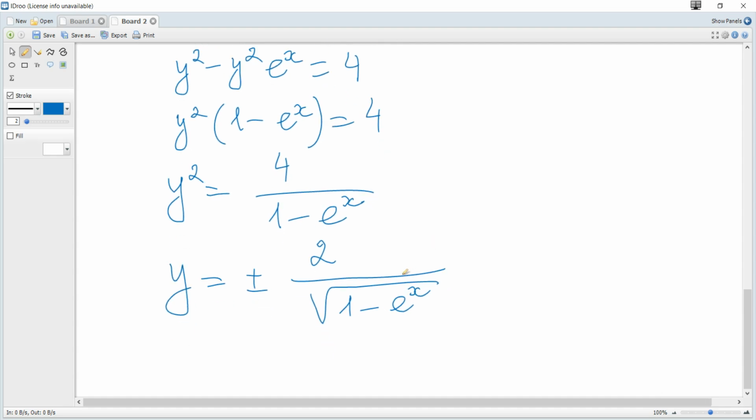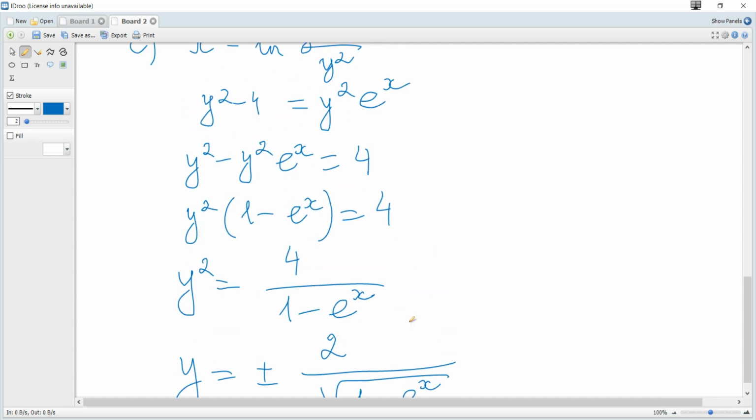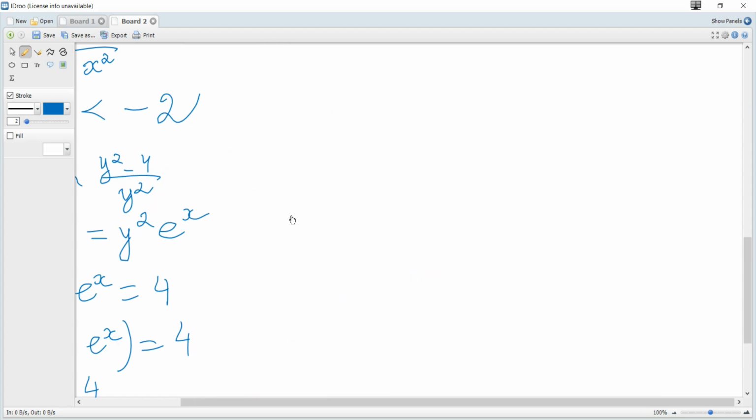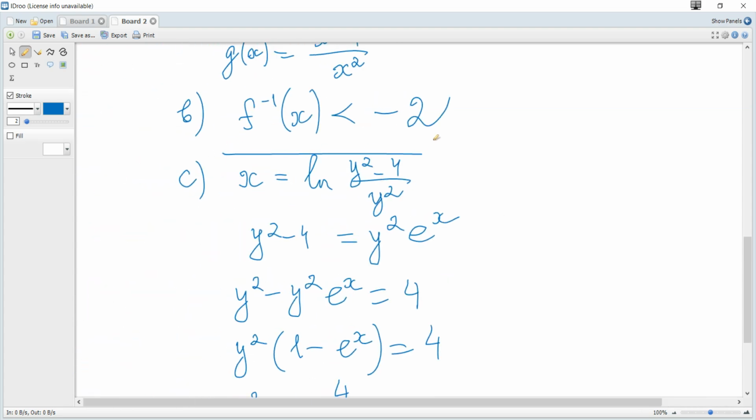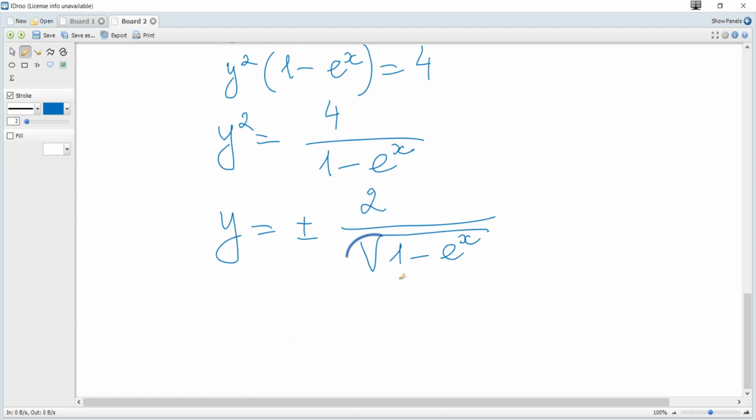And what should we choose, plus or minus? From the previous part, the range is, possible y values are less than -2. Square root gives us always positive values, so to get y to be less than -2, there must be minus.